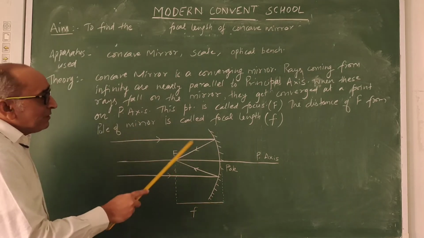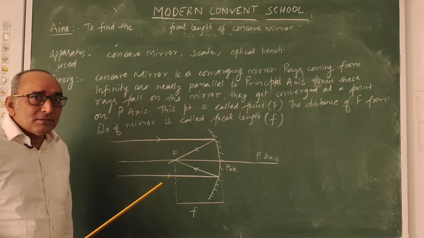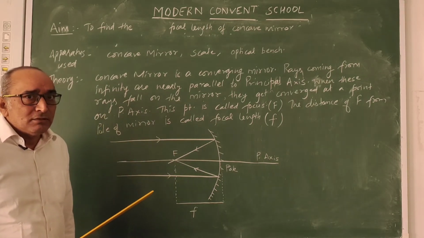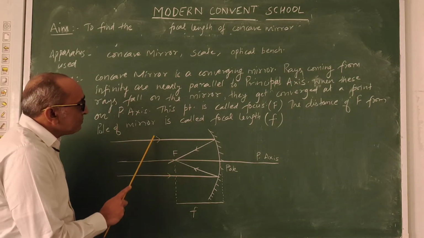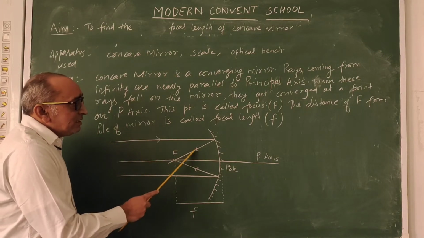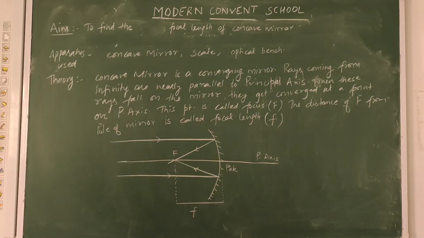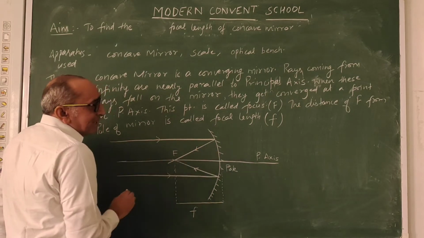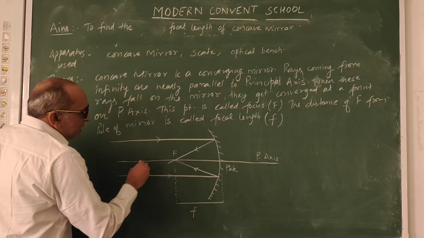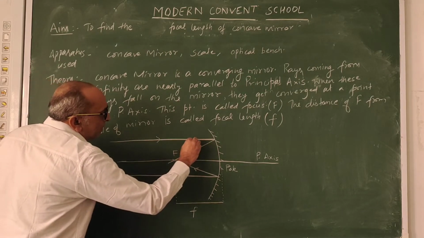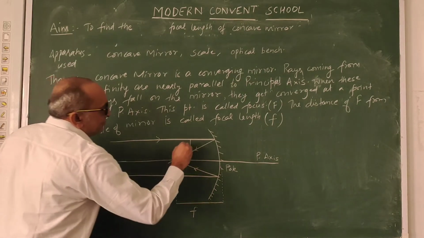When light is reflected from this mirror, it always obeys the laws of reflection. The first law of reflection says the incident ray, reflected ray and normal lie in the same plane. Now here the normal is not mentioned. I am mentioning it. The normal will be the angle bisector of this angle.